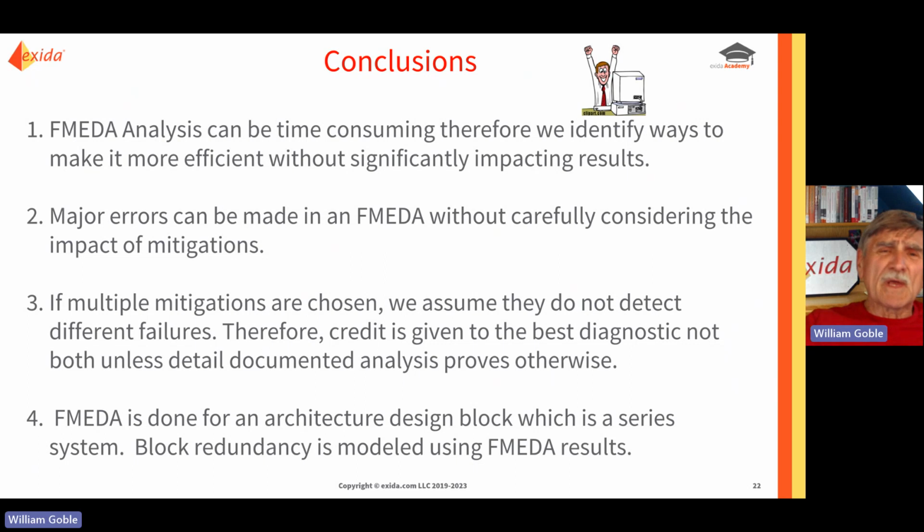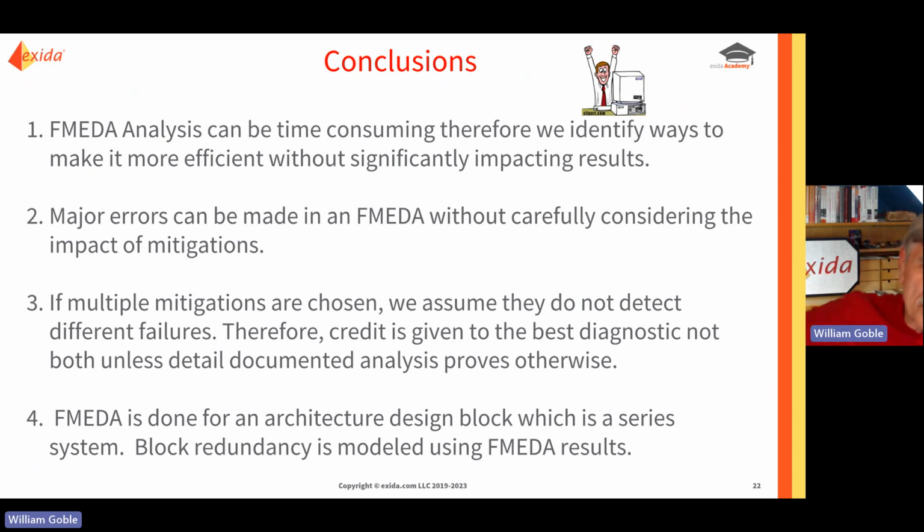Many errors can be made in an FMEDA without considering the impact of mitigations, like automatic diagnostics. You have to make certain you understand the actions taken when a component failure is detected.